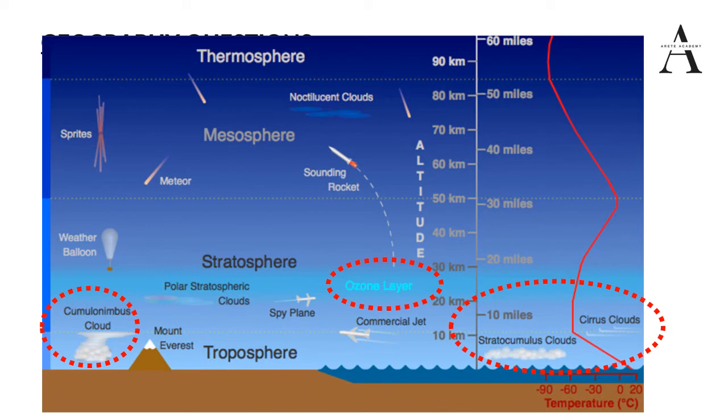The stratosphere is also known for polar stratospheric clouds. Scientists have found that these polar stratospheric clouds play a very important role in Antarctic ozone destruction, and they are occurring with increasing frequency in the Arctic as well. These are high altitude clouds which form only at very low temperatures, and they destroy ozone in two ways.